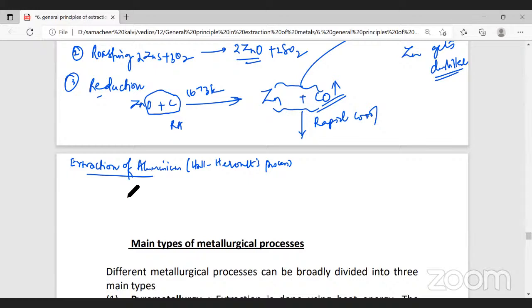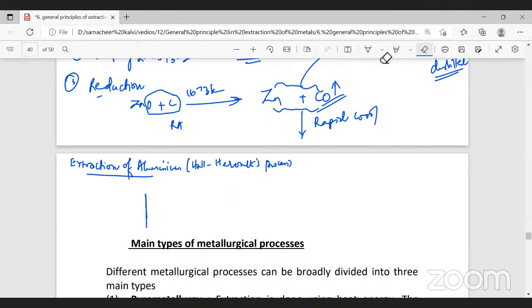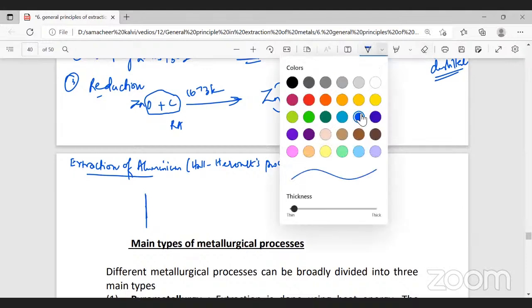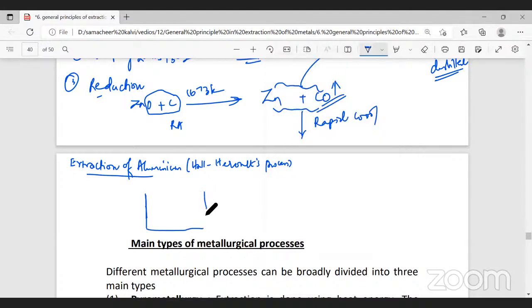So in order to prepare a cell, we take an iron tank. Inside this iron tank, maybe I'll try to draw neatly, we have a carbon lining like this.